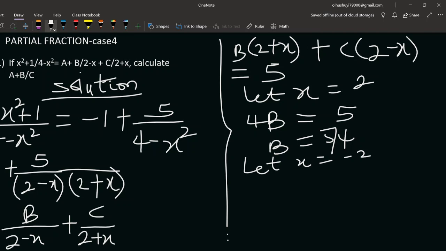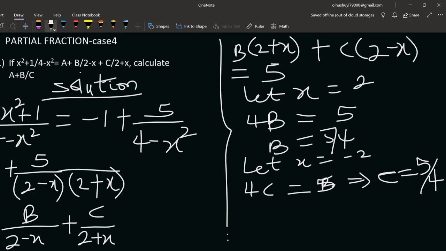And x is minus 2, 4C will also be equal to 5. Then that implies that C will be equal to 5 over 4. You see this? 5 over 4.